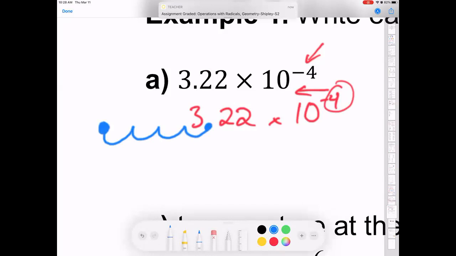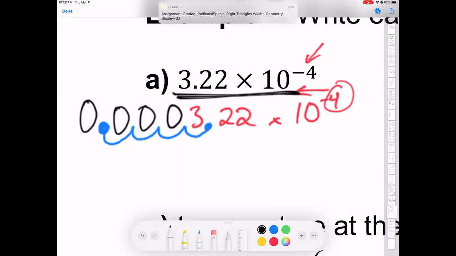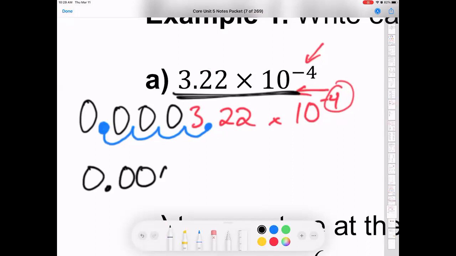Anywhere you see those little bumps, we dump in a little 0, and just for good measure, a 0 out in front of the decimal place. So this scientific notation form that was given from the beginning boils down to 0.000322. That is the standard form number.